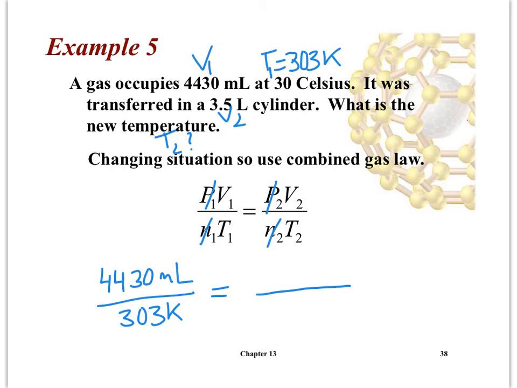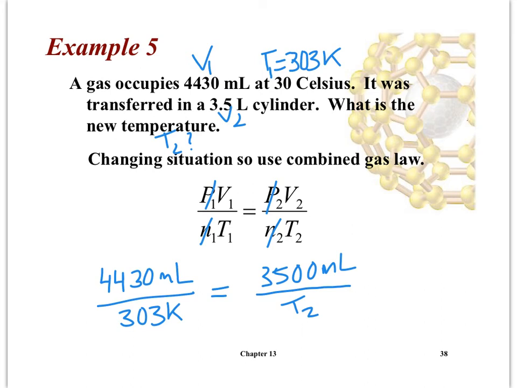It really does not matter which one if you're using the combined gas law, because you have a V1 and a V2, they're going to cancel out. If you're using the ideal gas law, PV equals nRT, then it has to be in liters because your R units have liters in them. So anyway, I'll convert this one, so 3,500 milliliters, and then T2 is what I'm solving for.